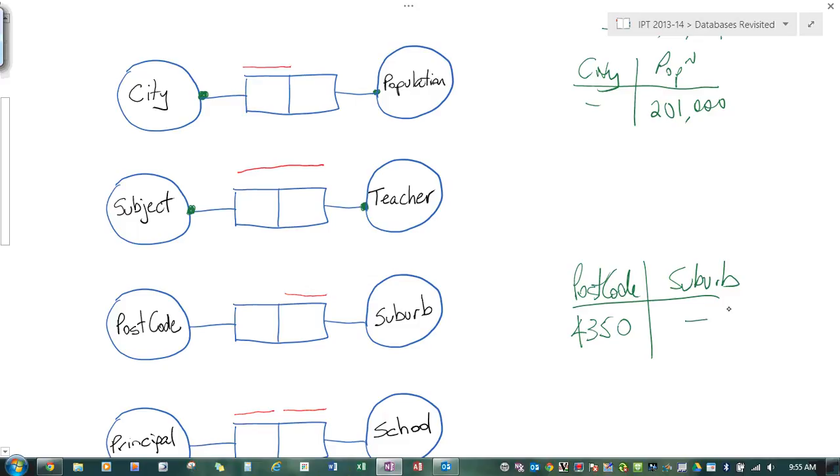Leaving it blank wouldn't really help you much. Equally, if you put in something like East Perth, it would make sense that you would want to record something there. So leaving it optional is not really what we're after.